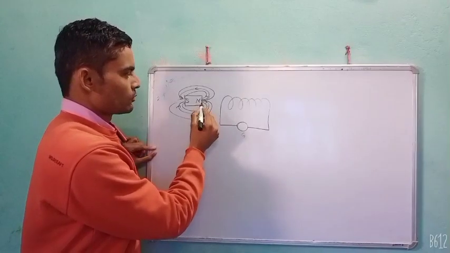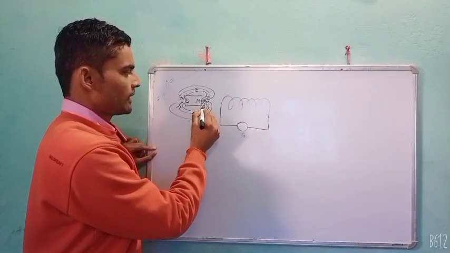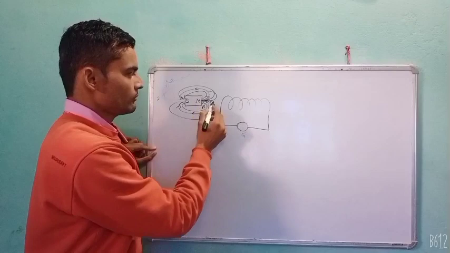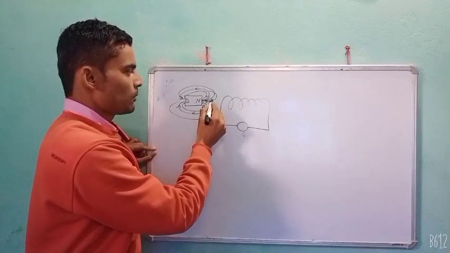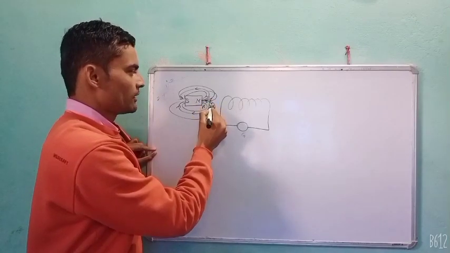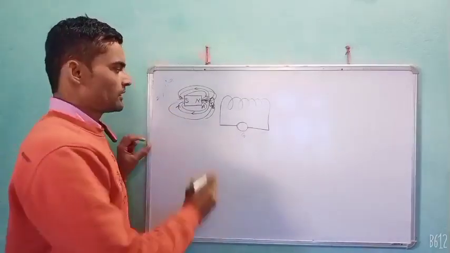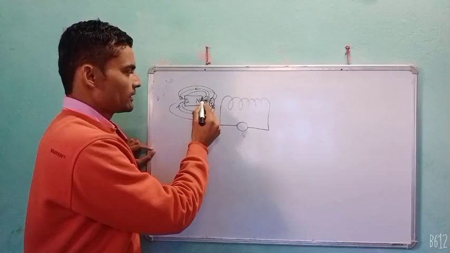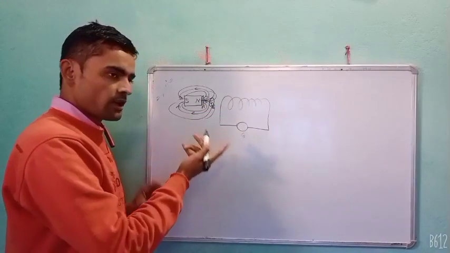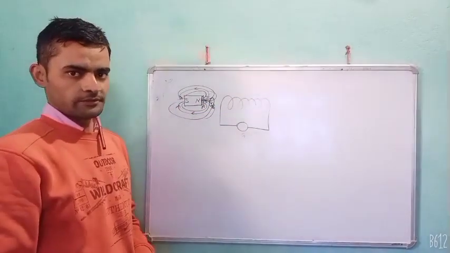So just think about two points, point A and point B. Point B is a place where the density of magnetic force lines is low, and point A is the place where the density of magnetic field lines is comparatively high.